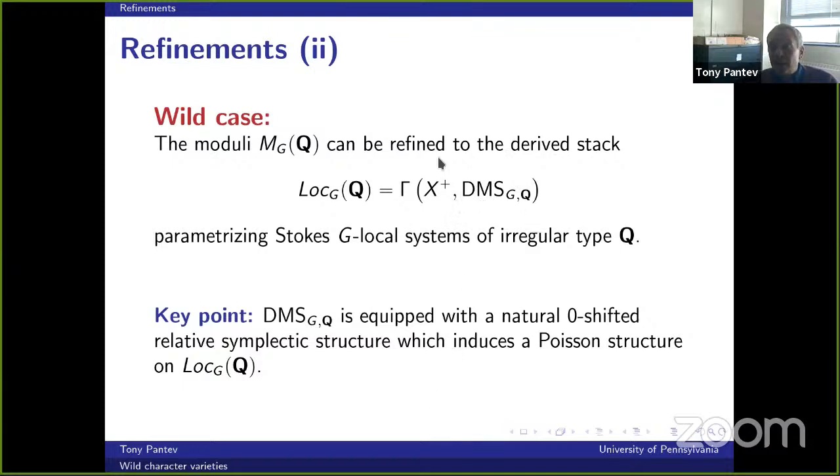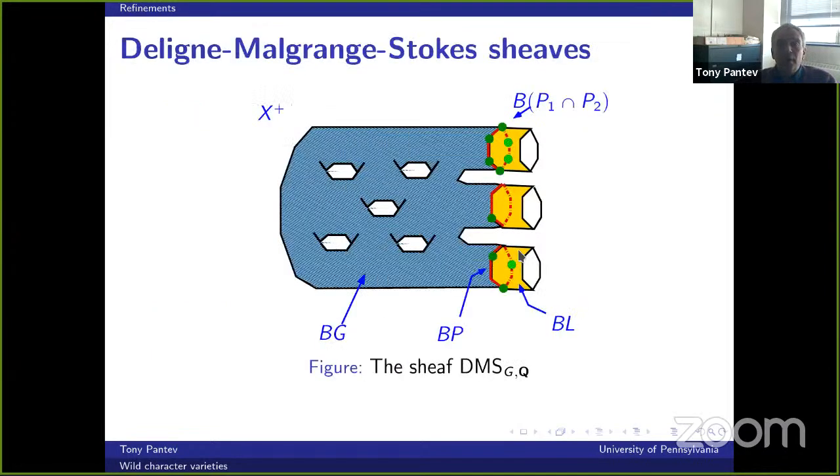And that allows you to say that on the global sections, you get a Poisson structure or a symplectic structure. So the Linmogram-Stokes sheaf looks like the following creature.